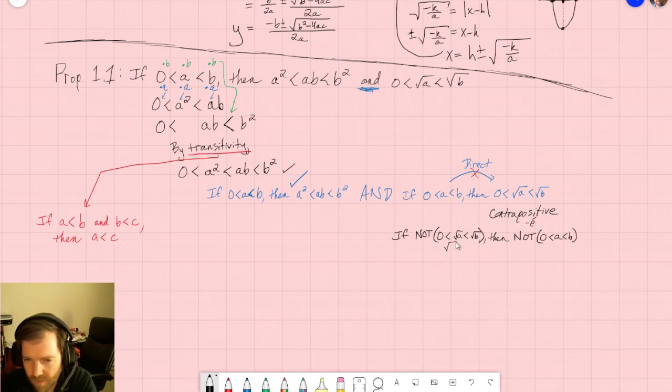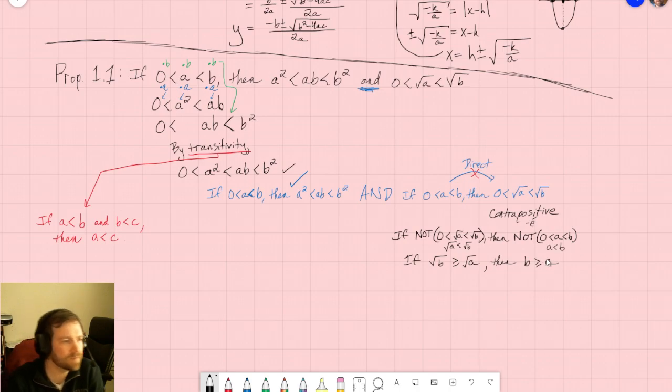Root A is less than root B means that the square root of B is greater than or equal to the square root of A. If this, then not this is going to be, this is A is less than B is the appropriate part, so not that is going to be B is greater than or equal to A. I guess we're going to have to do things in the normal sense.